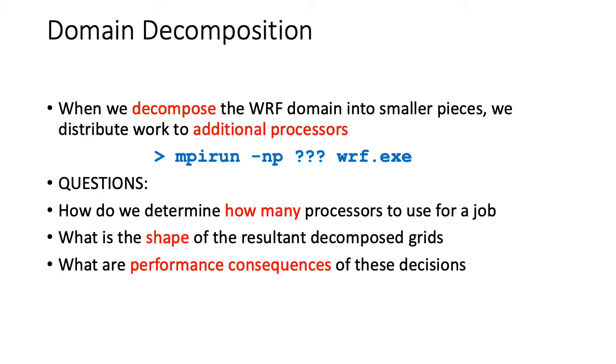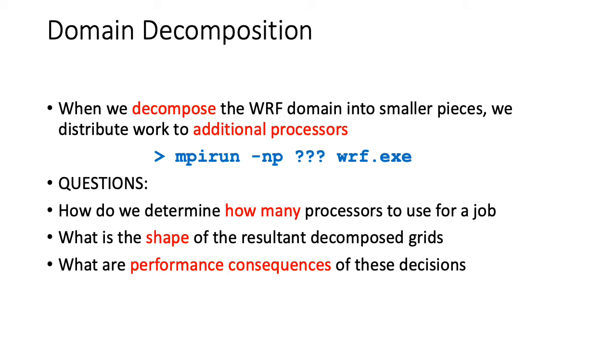We've seen that running distributed memory processing with MPI requires that each of the individual processors have their own part of the domain that they work on. This domain decomposition, where we decompose the WRF domain into smaller pieces, allows us to take the total amount of work and divide it up among a number of processors.